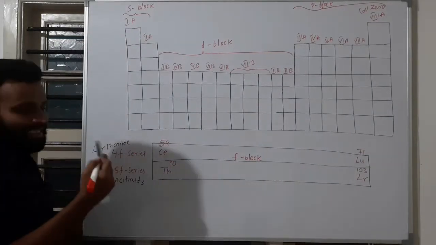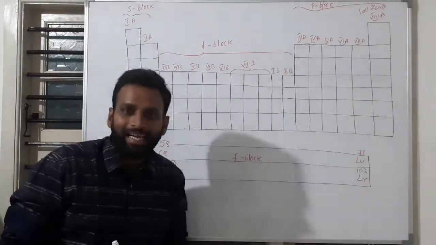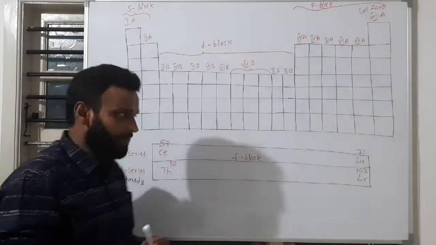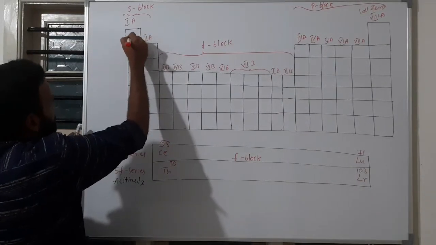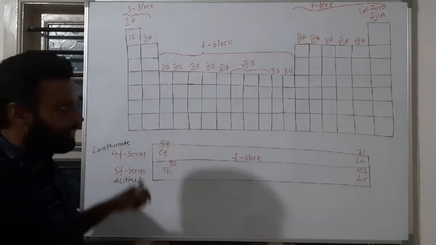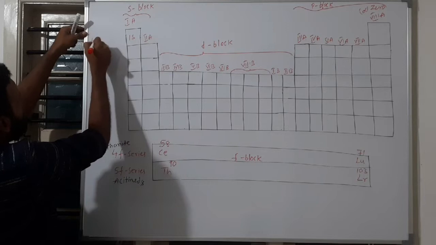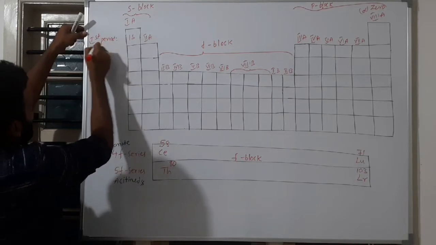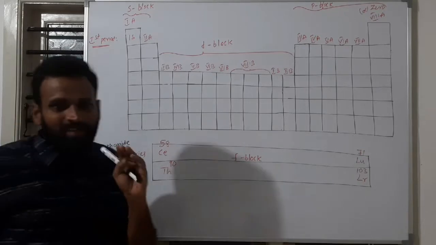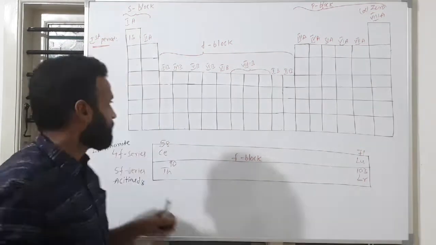First of all, let's see the electronic configuration followed by the atomic numbers. Here we have to fill 1s. This is called the first period. The first period consists of only 2 elements, the shortest period, I told you.